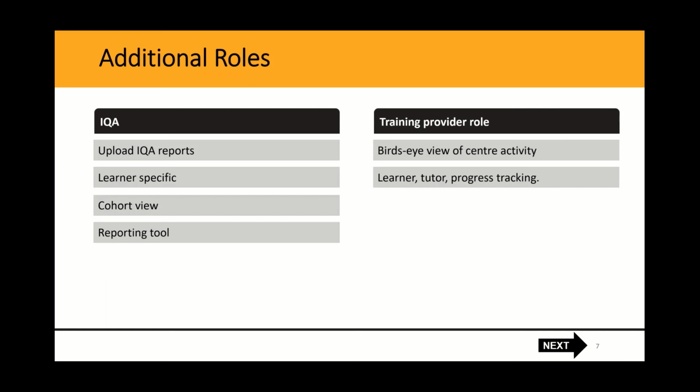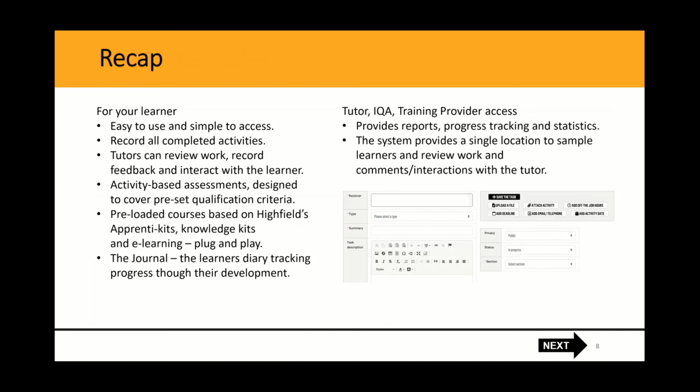There are reporting tools that are built in there, and as someone working in operations or at director level, or if you're managing a sector, you'll have the training provider role that you can get a bird's eye view of what's happening, what activities are happening with what learners, and how they're actually progressing. So again, it's something to pick up on a further demonstration.